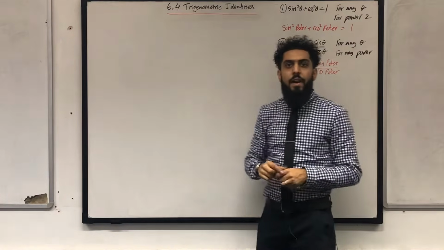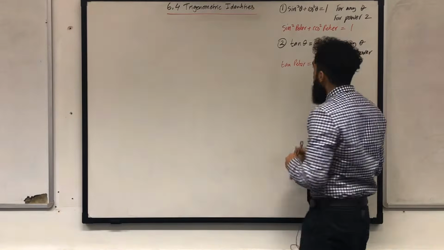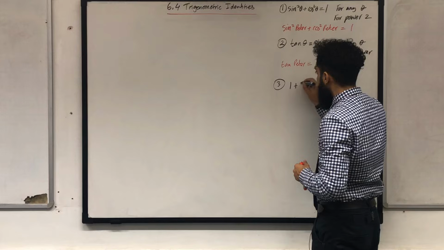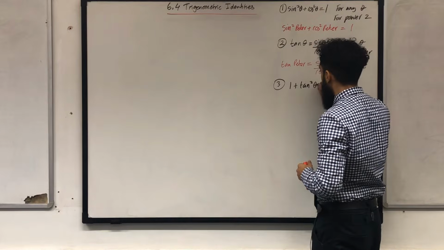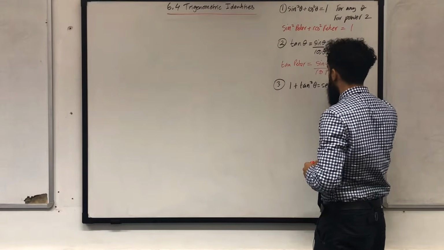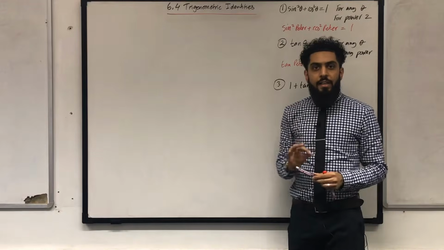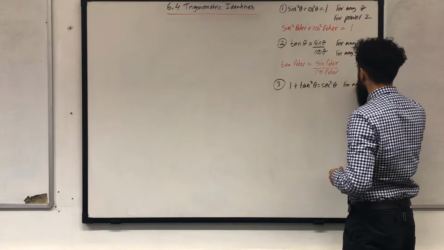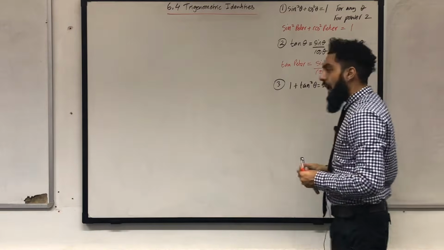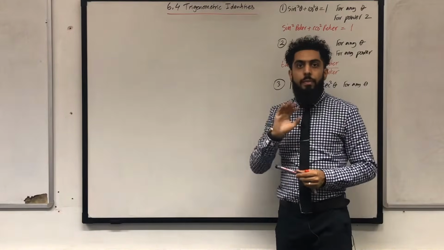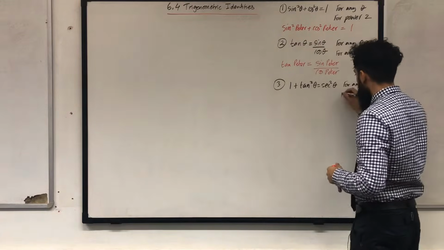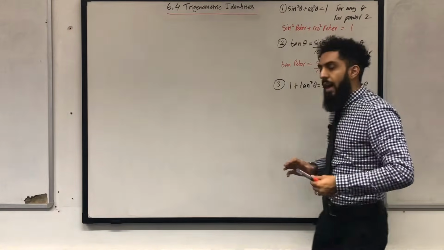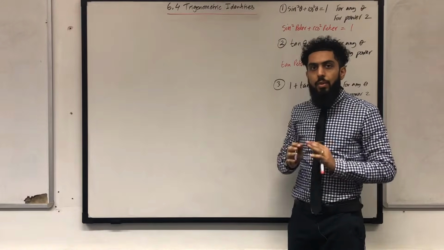Let's have a look at the third identity. The third identity is this one over here. 1 plus tan squared theta is equal sec squared theta. This identity is true for any theta, and it is only true for power 2. So I can't have 1 plus tan cubed theta equal sec cubed theta.